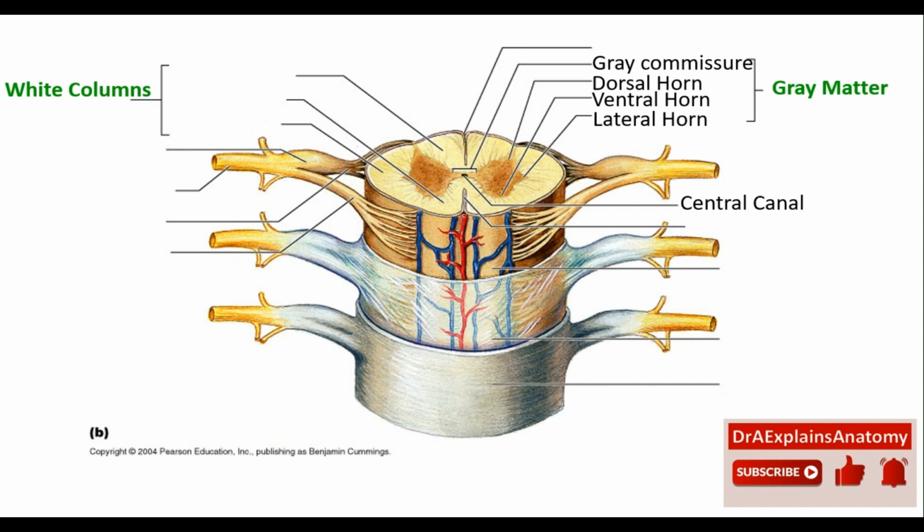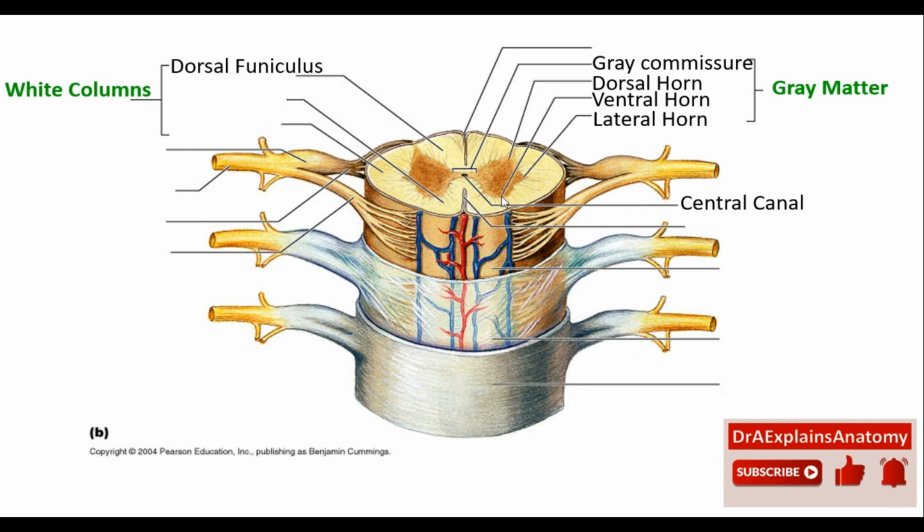Moving to the white columns. So the gray matter consists of the neuronal cell bodies. Similar to the brain, in the brain we can see the gray matter versus the white matter. When it comes to the spinal cord, we also have a gray matter and the white matter. The white matter forms the white columns, and the white matter appears white because of the myelinated axons.